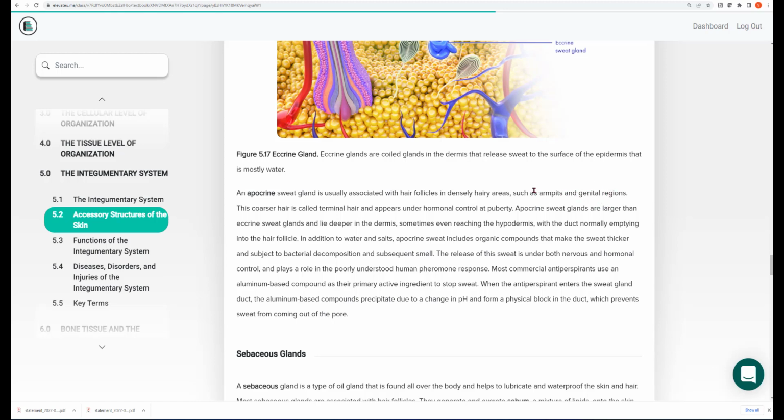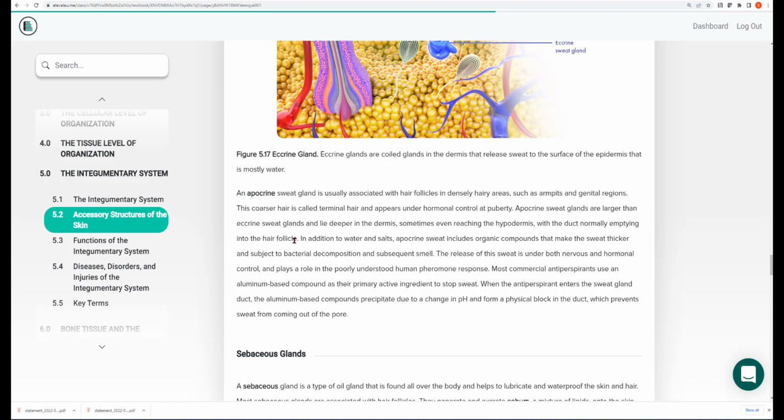So these are the places where we have terminal hair following puberty. This coarser terminal hair is under hormonal control, and these sweat glands empty usually along a hair follicle. So where the hair of the armpit and the genitals are, these sweat glands come up alongside those hairs.